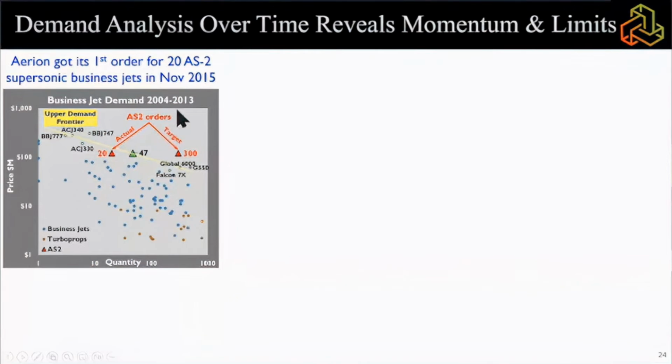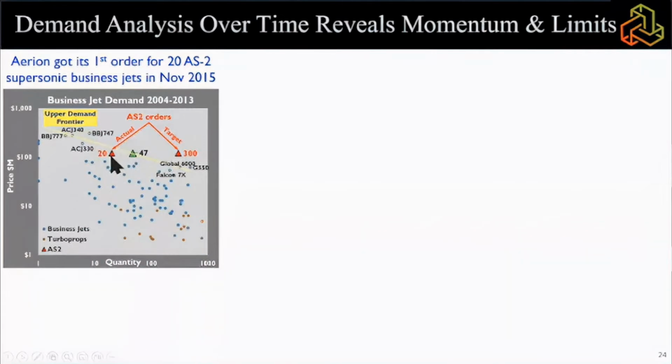And they got their first orders for it in November of 2015. Now, they wanted to sell this business jet at $120 million. And if you were to do the value analysis of it, as I did, you'd say, hey, it's worth every nickel. But you may want to take notice of this upper demand frontier that formed in the market here over this 10-year period, because Aerion said they wanted to sell 300 in 10 years.